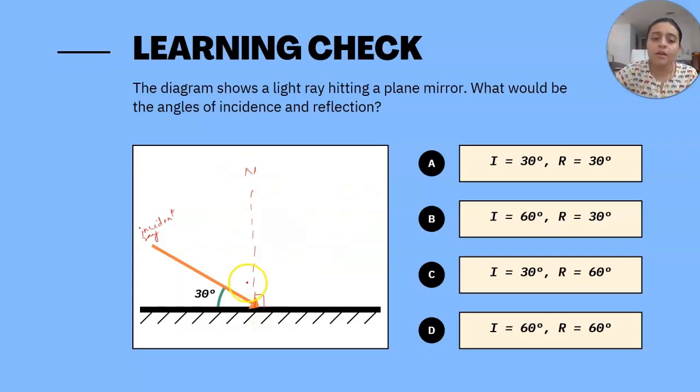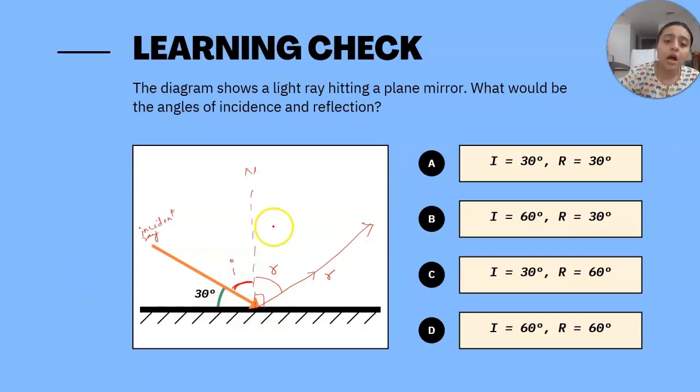Then there will be a reflected ray. The angle between the incident ray and the normal is the angle of incidence, and between the normal and the reflected ray is the angle of reflection.